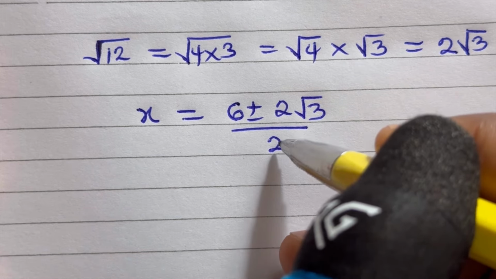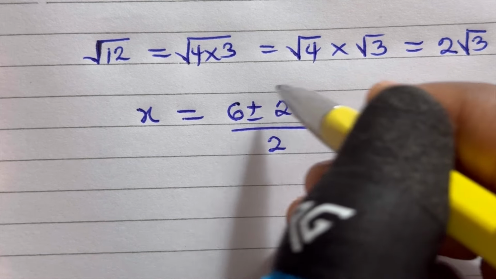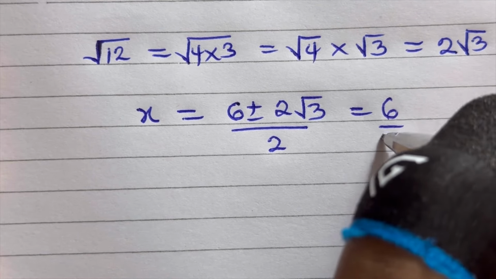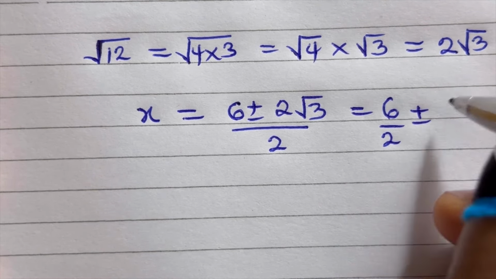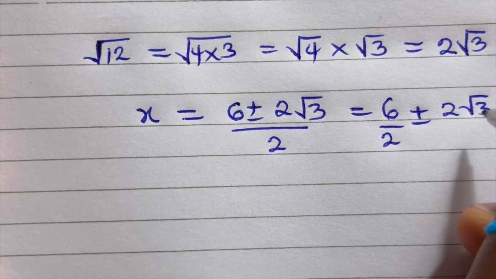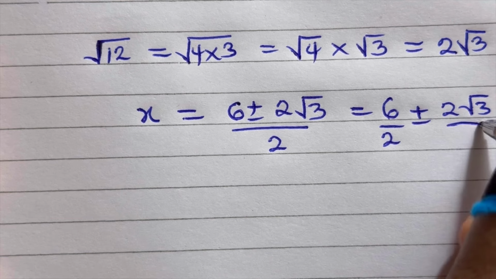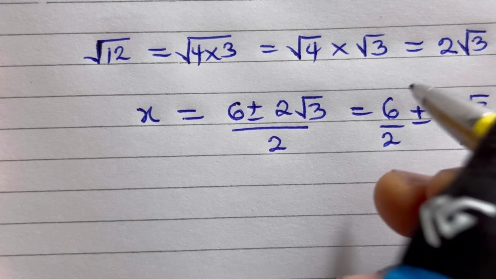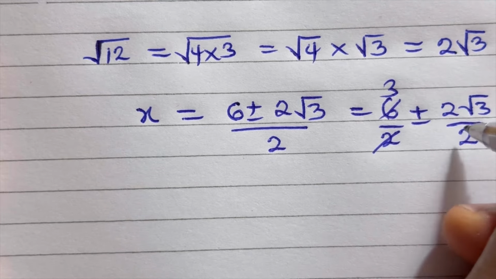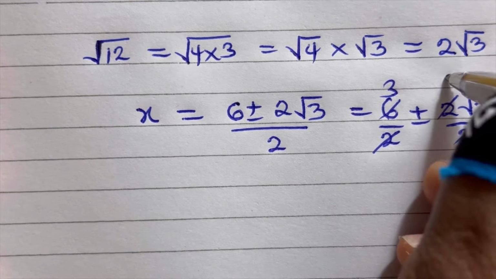We can get rid of this 2 by separating this into 6 over 2 plus or minus 2 root 3 over 2. So 2 here is 1, and 2 here is 3. 2 here is 1, 2 here is 1.